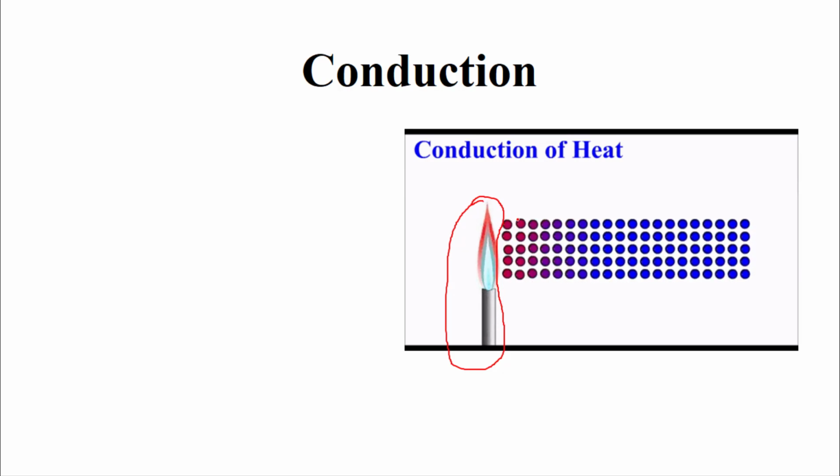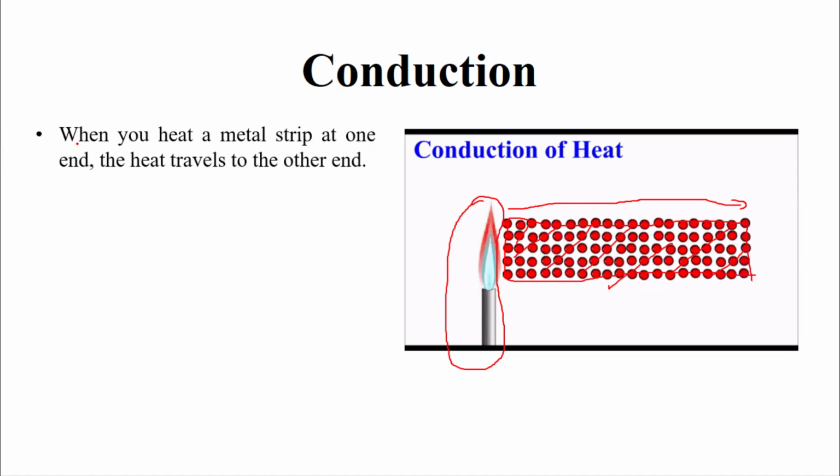The heat will transfer from this side until it reaches the other side. Imagine that this is a sheet metal, and heat transfers throughout this sheet metal. So when you heat a metal strip at one end, the heat travels to the other end. But why? The heat here is conducted.